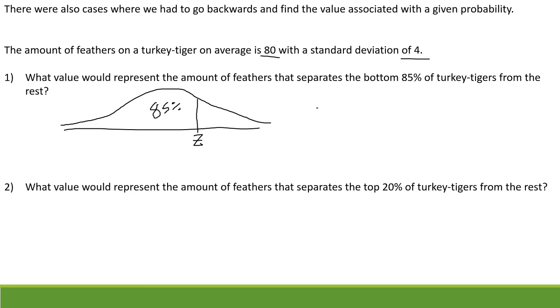Remember my z-score formula: z-score is equal to x minus the average over standard deviation. That's an s there, by the way, not a 5. I want to figure out my z-score, but I know that it's going to have to be 85% on the back end, right? Well, I can look that up. 85% is 0.85. I can look that up in my z-score table and kind of reverse engineer this.